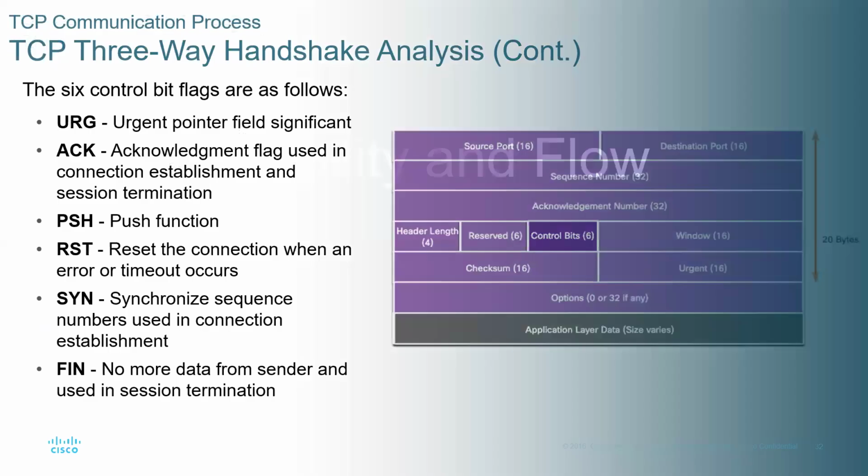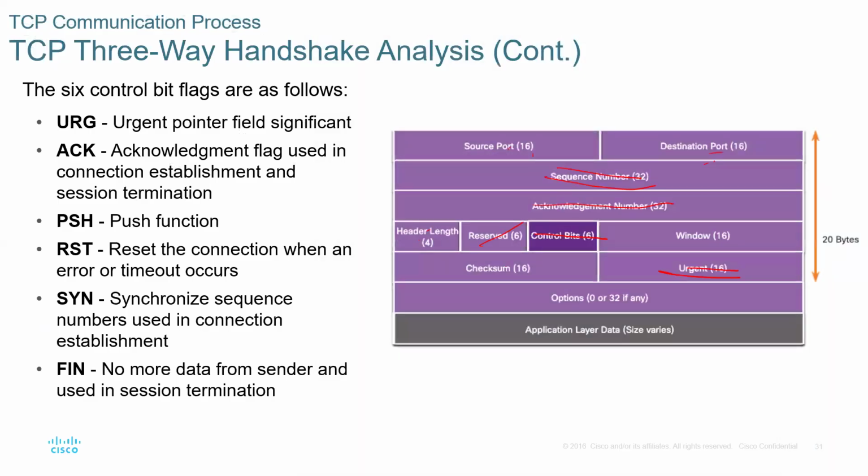Right. It also makes it easier to know what every field does. If you know what every field does, it helps you know the TCP fields and the UDP fields. If you know sequence number, this one is used for reliability.